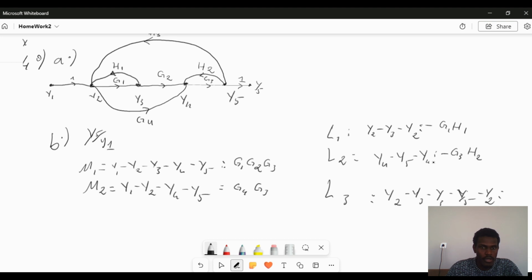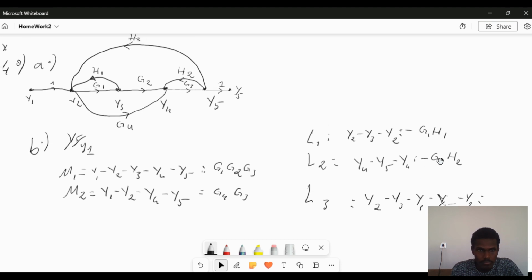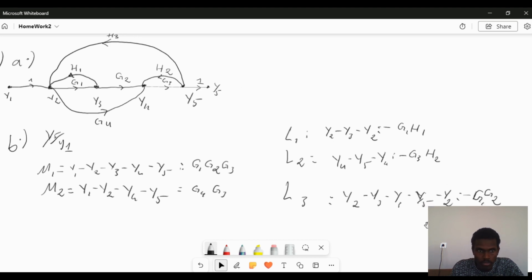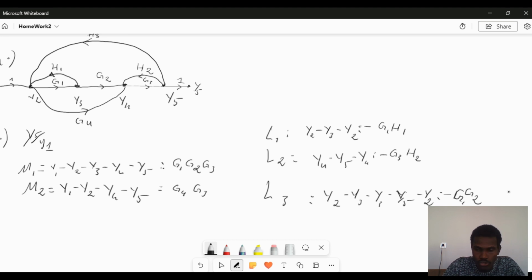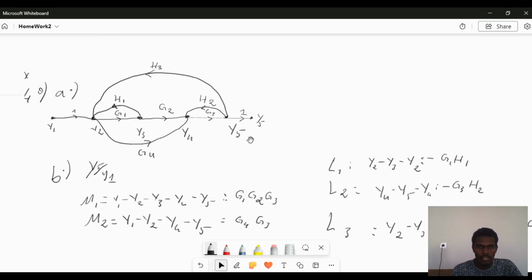We can call it L3, and here we have minus G1, G2, G3 and H3.